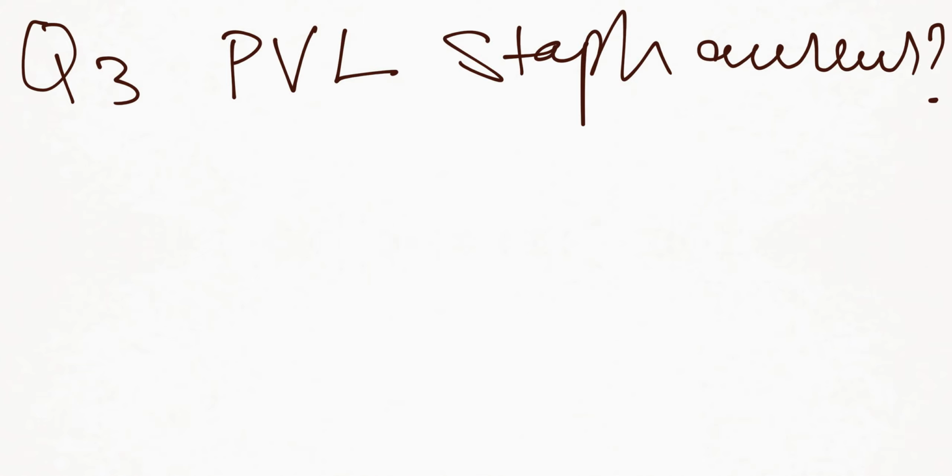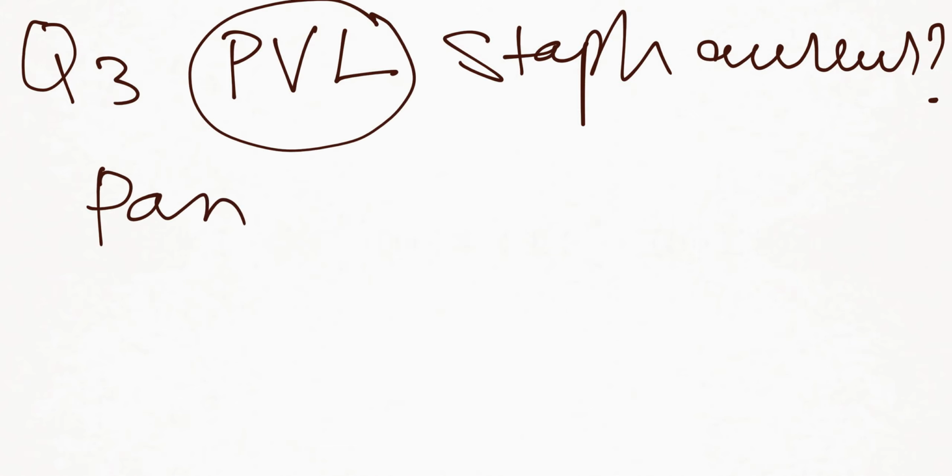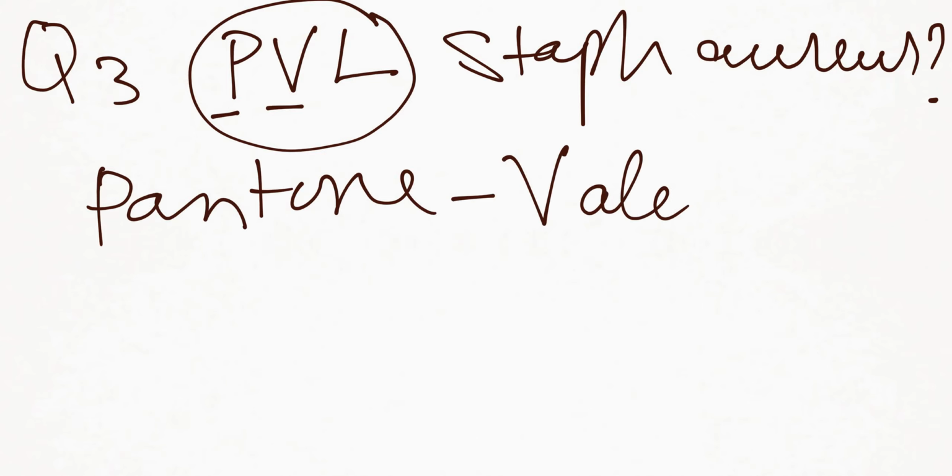So first of all, you want to know what is the meaning of PVL. PVL means Panton-Valentine leukocidin: P is Panton, V means Valentine, and L means leukocidin.